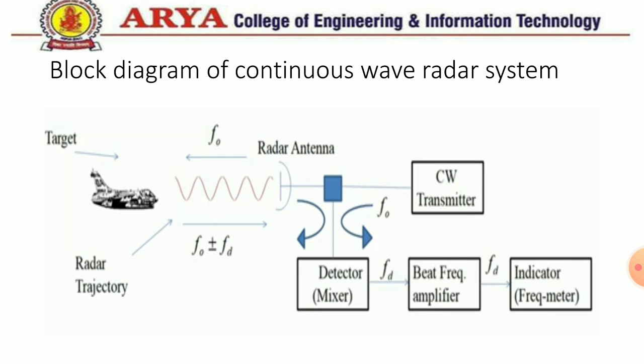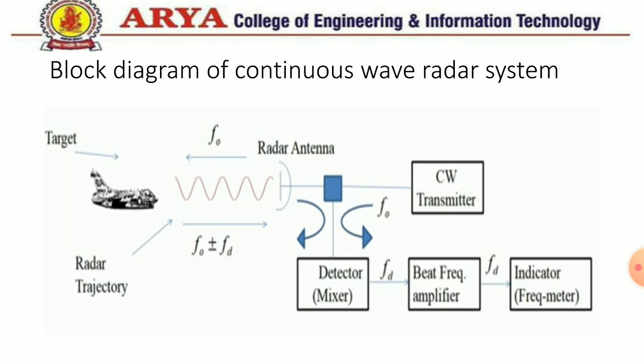So let us start the session with the first agenda, that is the block diagram of the continuous wave radar system. In this Doppler radar system, we can see in the transmitter section we have a wave transmitter.